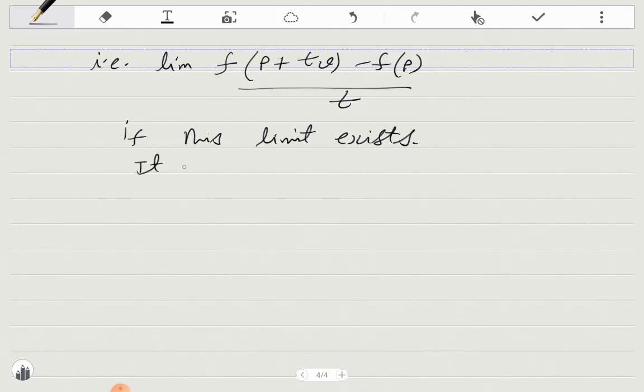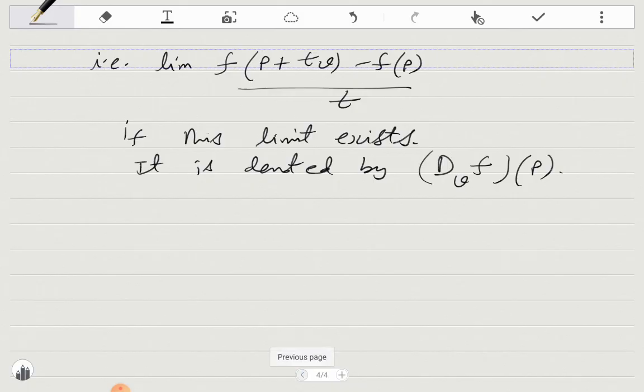It is denoted by capital D subscript v of f at p. So this is the directional derivative of f at p along v.